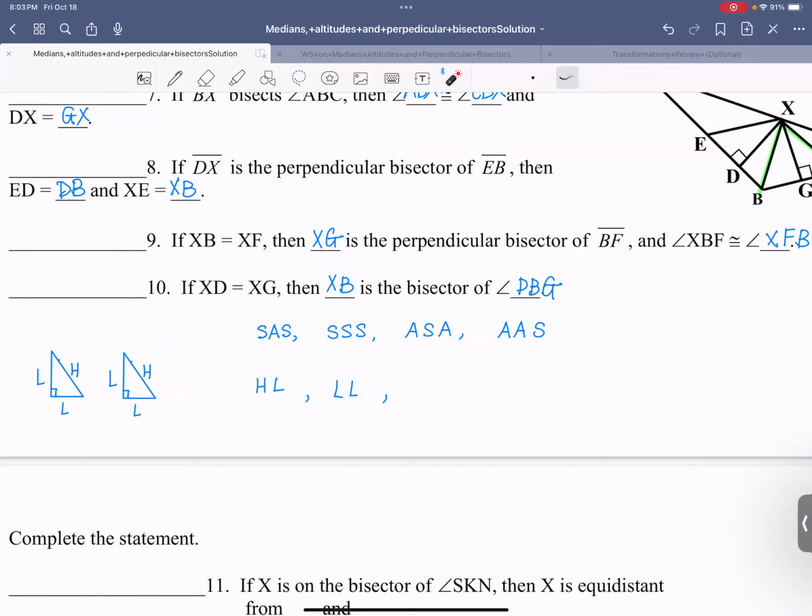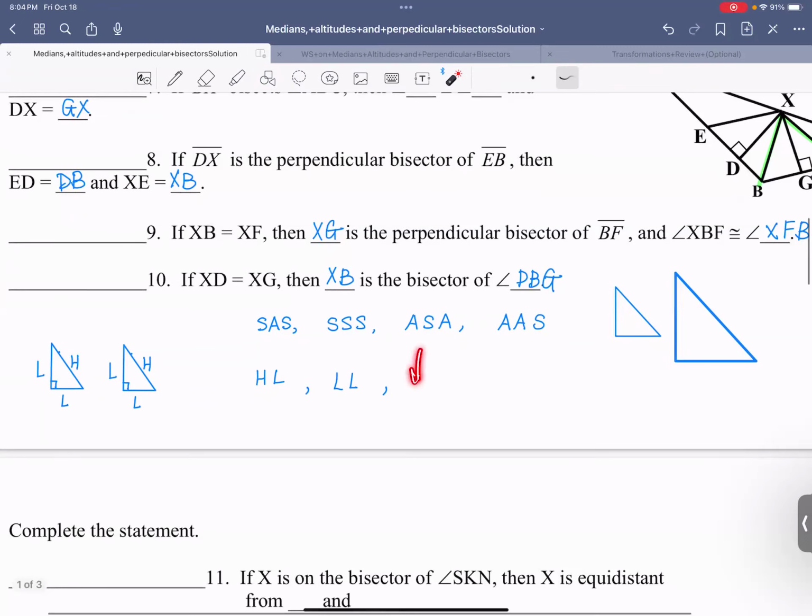If I draw this, if you see angle, I can easily make a different one. I make these two angles congruent. I make these two angles congruent. Can I say these two are congruent? No. You don't know the side information. You won't be able to prove two triangles to be congruent.